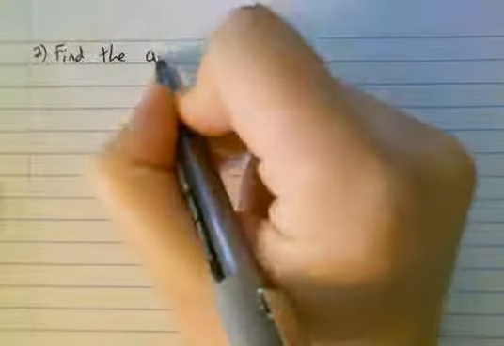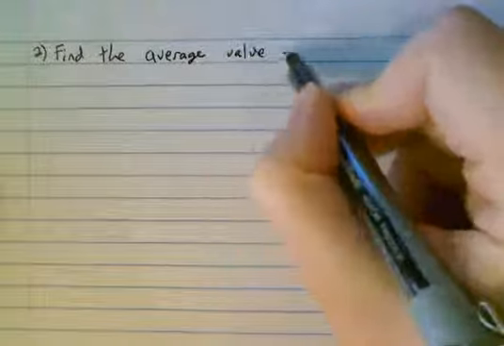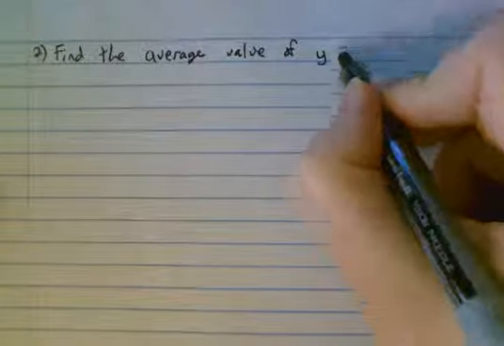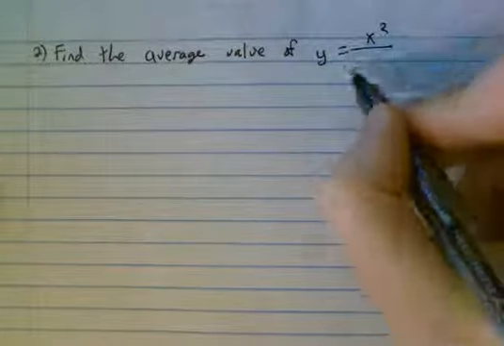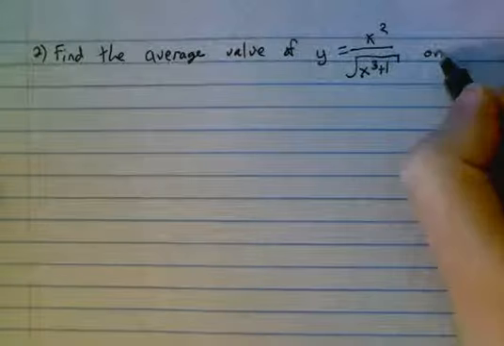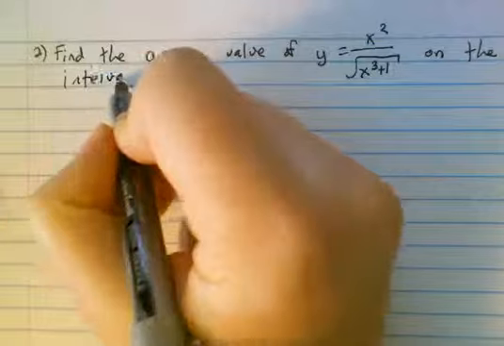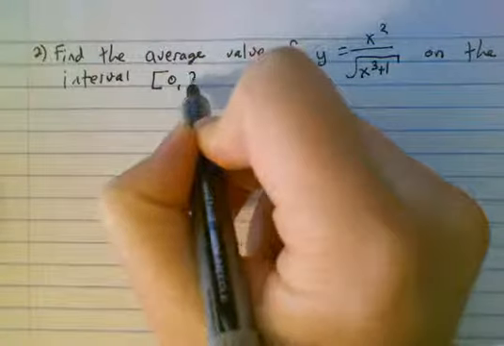How about we find the average value of y equals x squared over the square root of x cubed plus 1 on the interval 0 to 2.